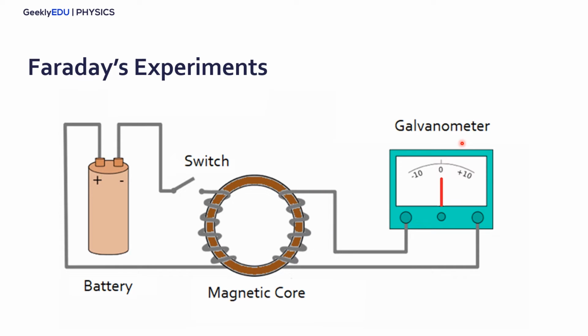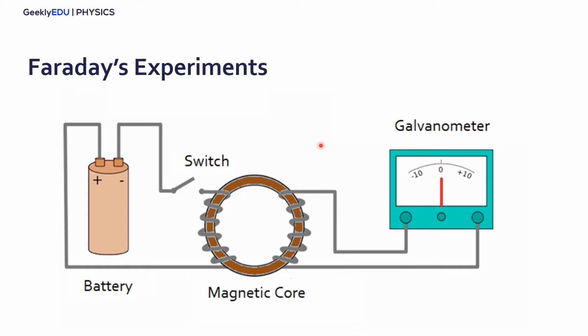So if it was true that a magnetic field could induce an electric field, the magnetic field over this side of the coil could induce an electric field onto this other coil over here, and he could measure it with the galvanometer. So here was the setup of the experiment.